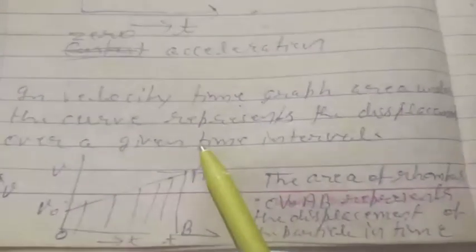Next, in a velocity time graph, the area under the curve represents the displacement over a given time interval.